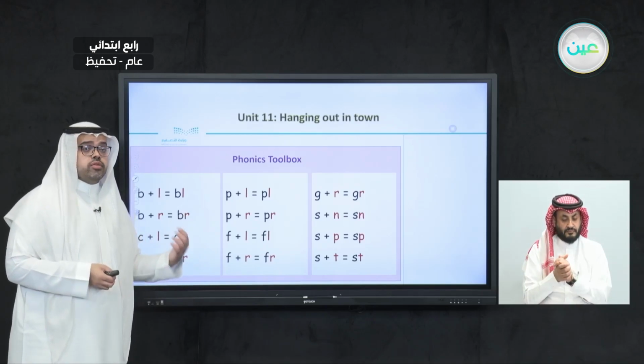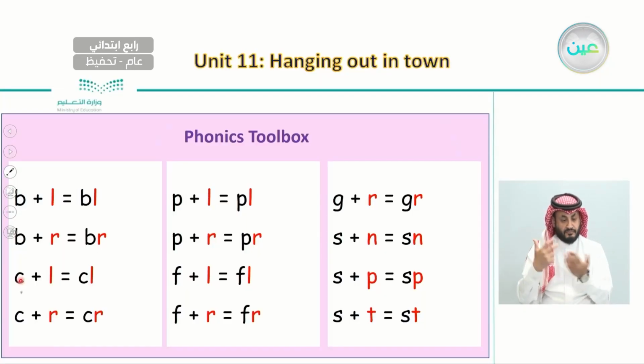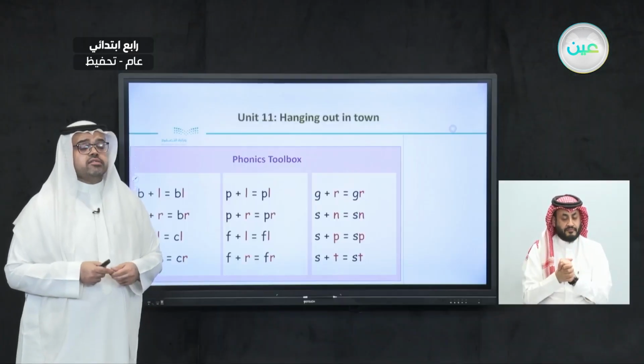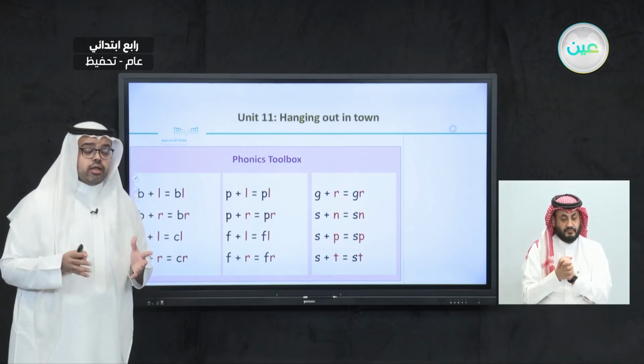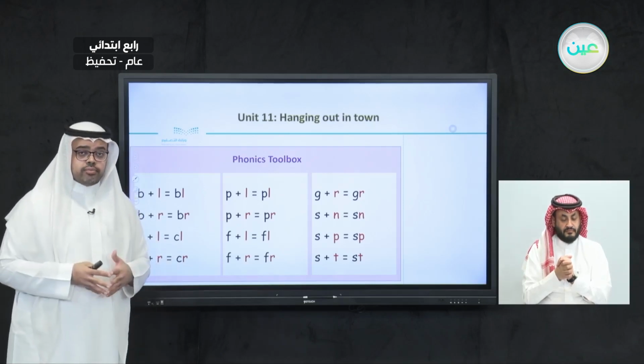And with the third one, here we have the letter C. If we add to it L, it will become a one sound unit, as in clap. And also with C, if we add to it R, then it will form a one sound unit, as in crocodile or cry.